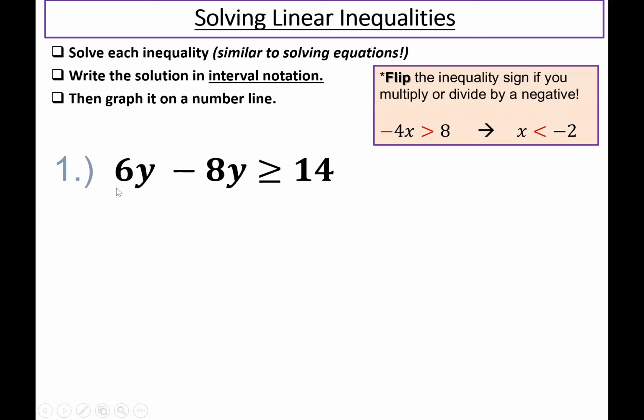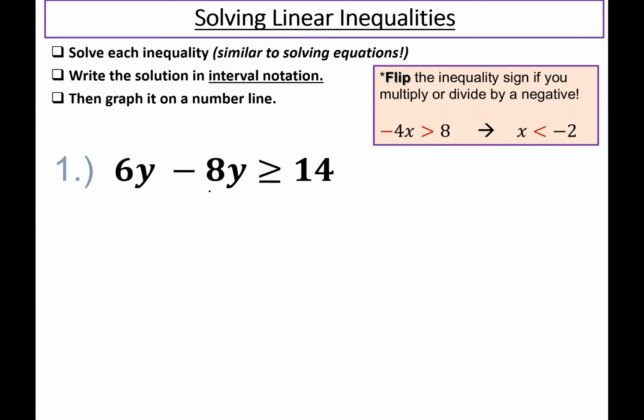Okay, so number 1, 6y minus 8y is greater than or equal to 14. So we're going to treat this like it's an equation. We're going to solve and get the variable by itself. So let's notice where the variables are. It looks like we have y as our variable.